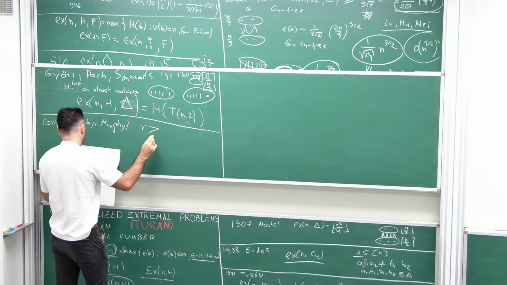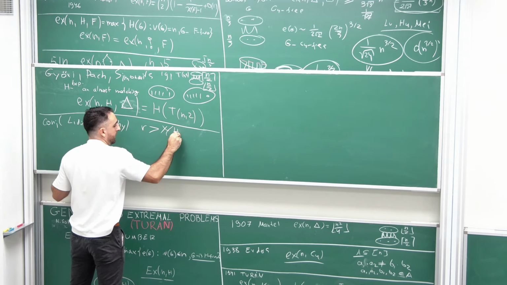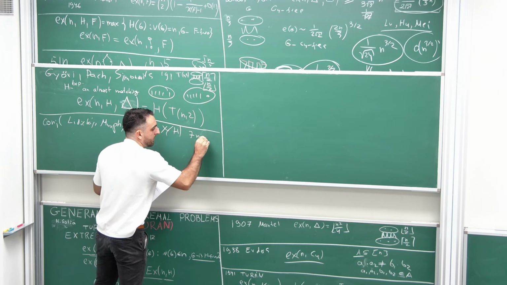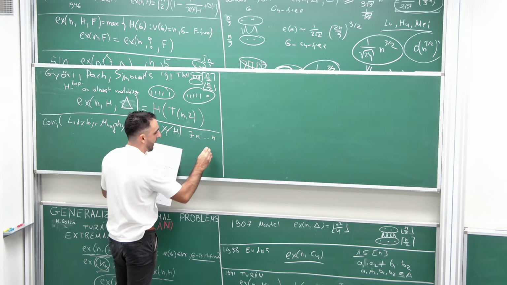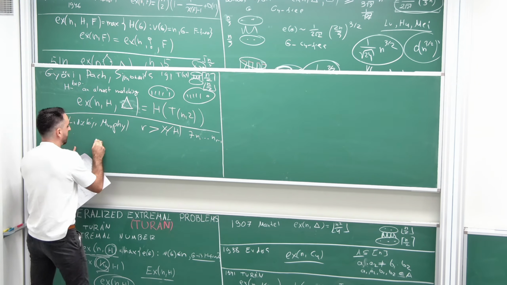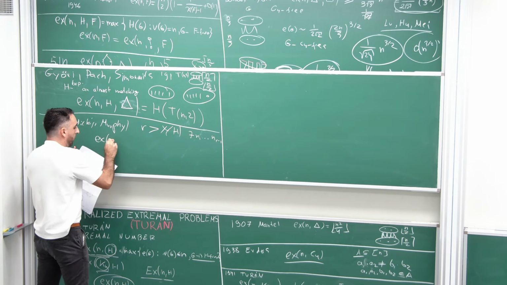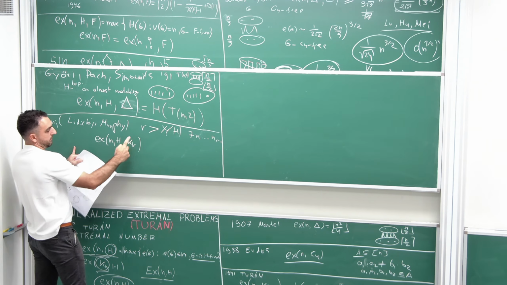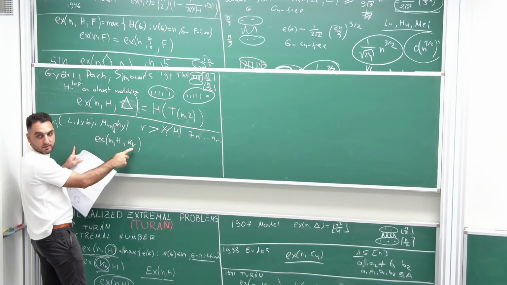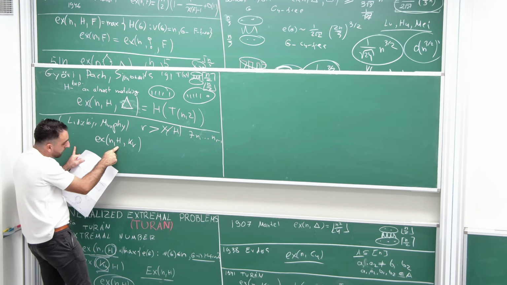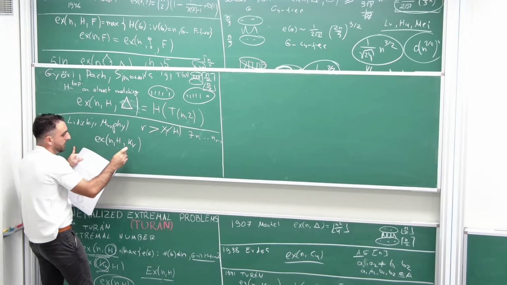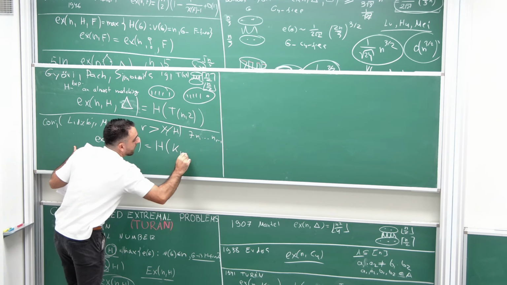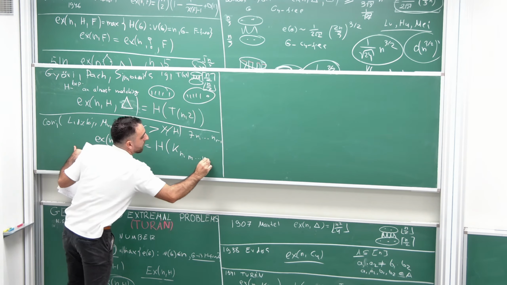Assume that R is greater than the chromatic number of H. Then there exists N1 to N(R minus 1) such that the extremal number of N, H, K_R. So instead of a triangle, they forbid a complete graph on R vertices, and we want to maximize the number of copies of H, with K, N1, N2, up to N(R minus 1).